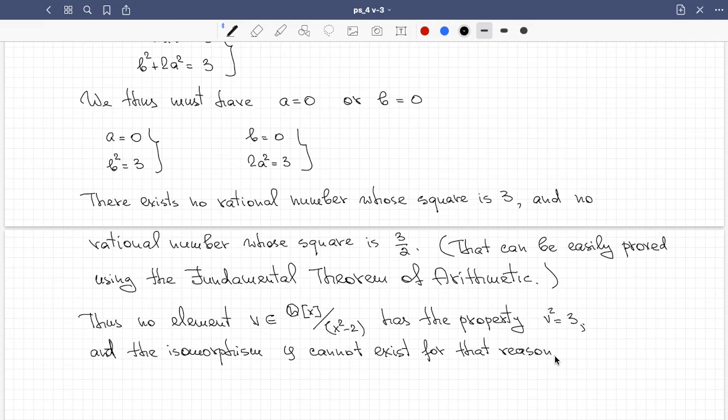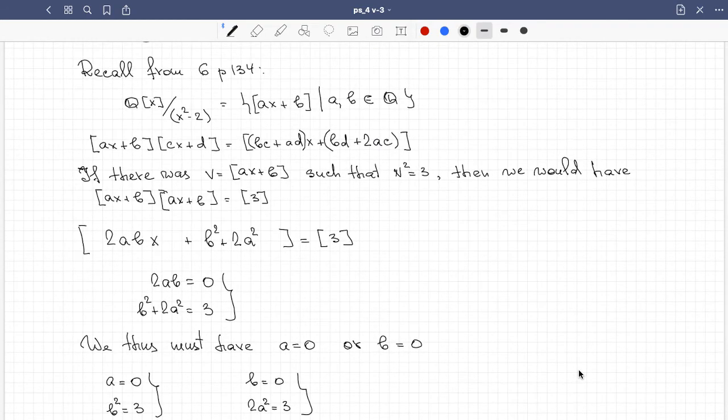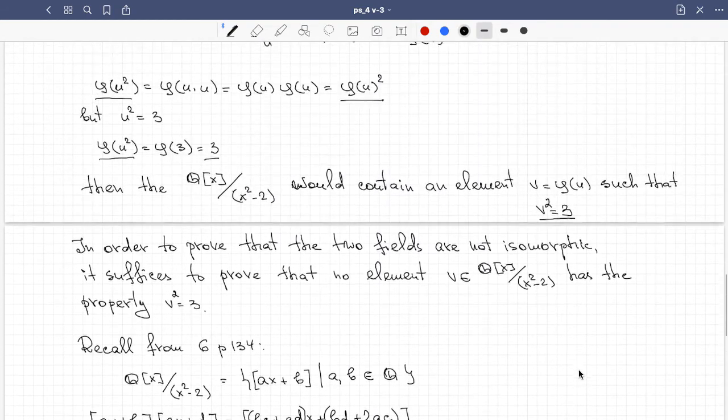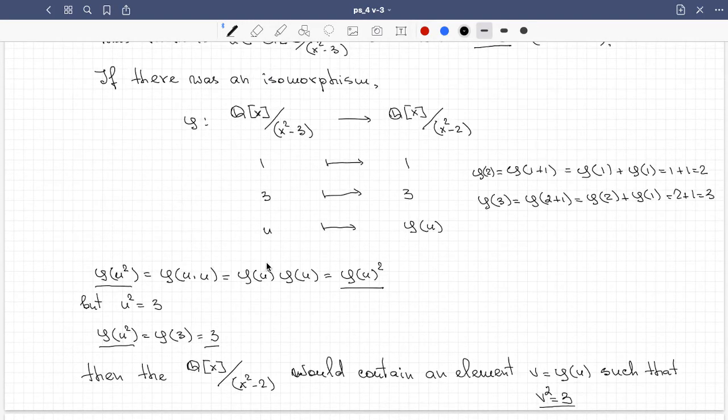So, we did it. The two fields are not isomorphic. The idea was we found some element here which cannot exist.